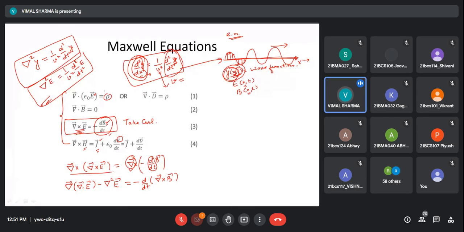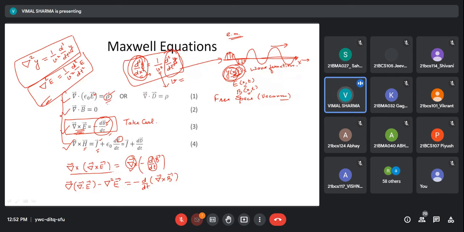These are Maxwell's equations for any medium. I can write Maxwell's equations for free space, for vacuum. And when I write Maxwell's equations for vacuum, I have to make some changes in these equations.